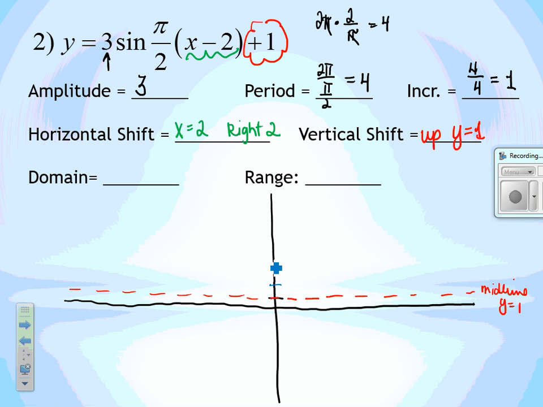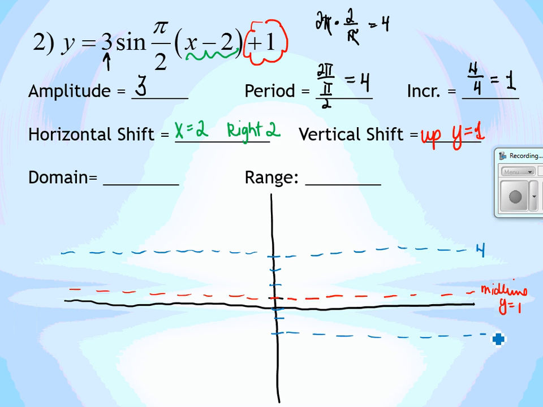So 1, 2, 3. That puts me at 4 for the high of my waves. And the low of my waves will be negative 2, because I'm going to go down 3 as well. So between 4 and negative 2 is where my graph is going to be.